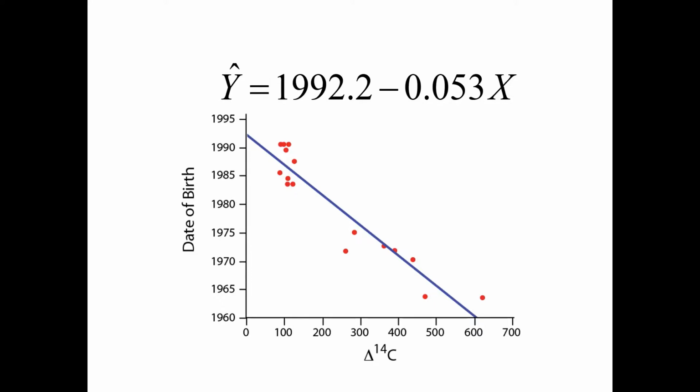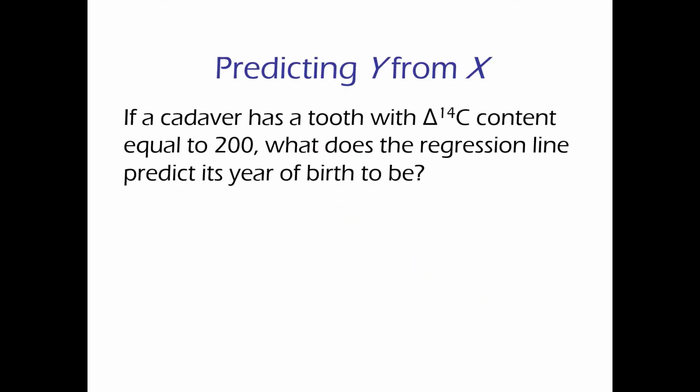So let's do some prediction using this formula. Let's predict y from x. In this case, if a cadaver has teeth with a dental carbon-14 content equal to 200, what does the regression line predict its year of birth to be?